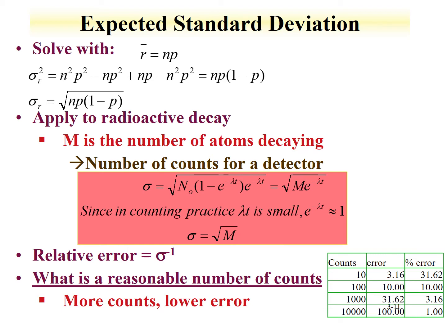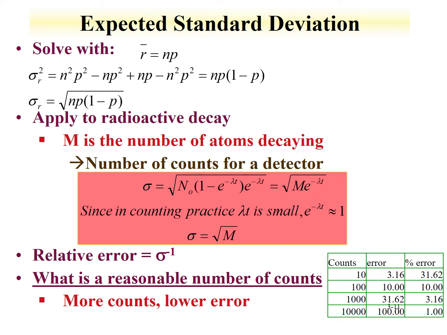Remember where we defined on page 3.3-9, where M is the number of decaying atoms. The number of decaying atoms is equal to N naught times 1 minus e to the minus lambda t. So substitute the number of atoms that have decayed, that have been counted, times e to the minus lambda t.